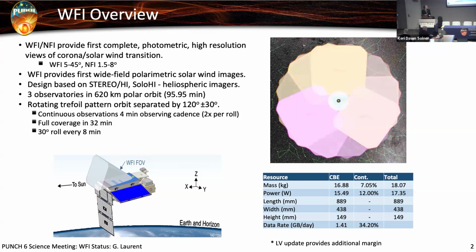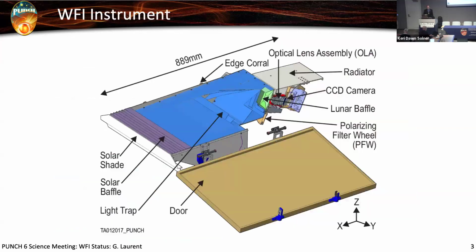The three WFIs are spaced out at 120 degrees, observing again from 5 to 45 degrees. Full coverage every 32 minutes, individual sets of observations at 4 minutes. And as you can see in the video, there are 2 sets of images, and then we roll 30 degrees every 8 minutes. So over a period of 96 minutes, all three WFIs will observe all areas of the sky.